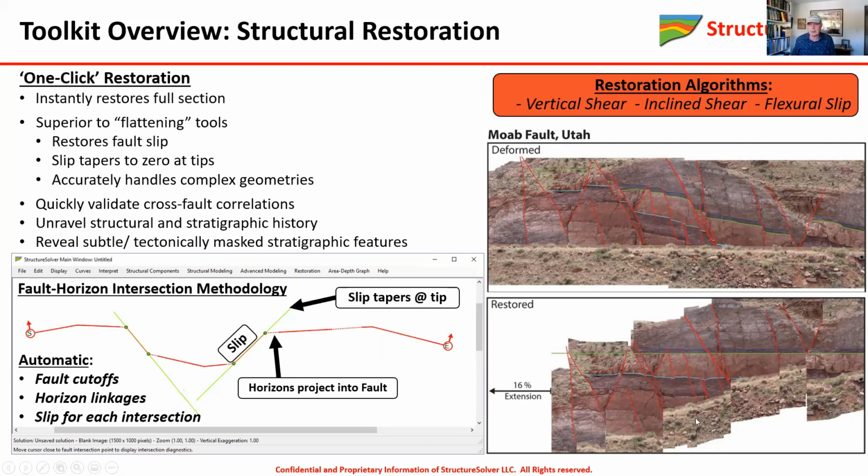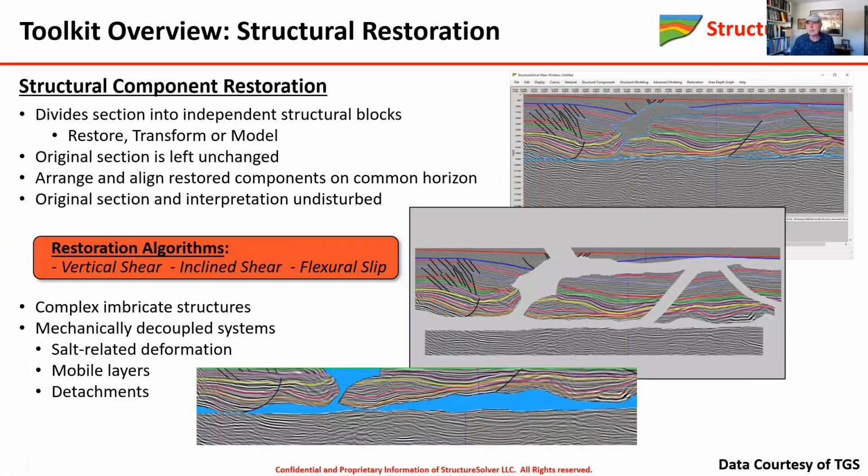So we show an example here from an outcrop photograph. And this we can use to quickly validate cross-fault correlations, to unravel structural and stratigraphic history, and reveal tectonically masked stratigraphic features.